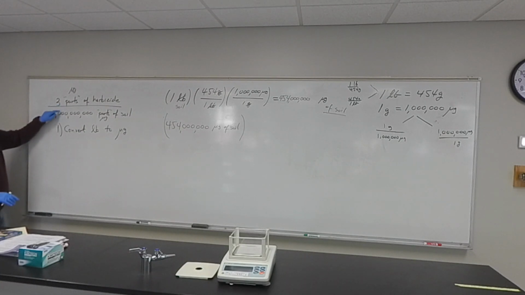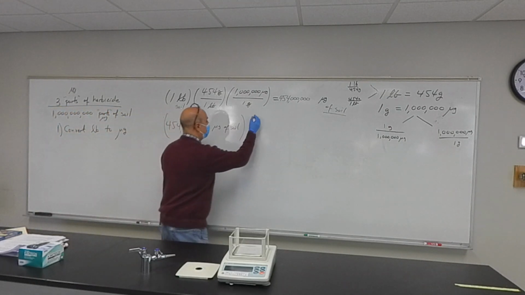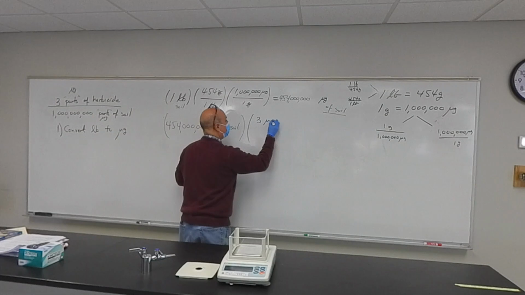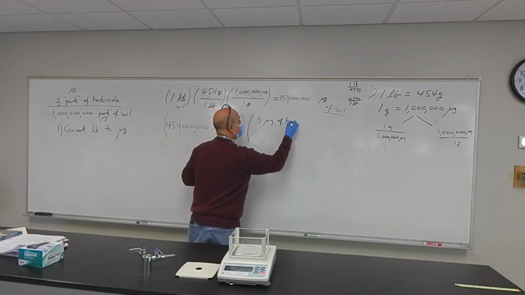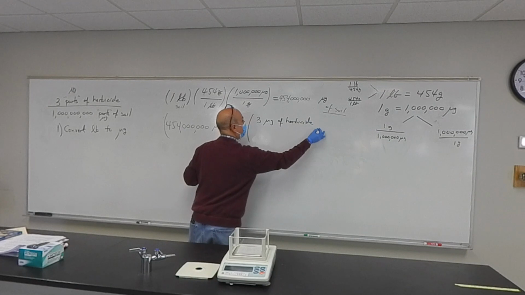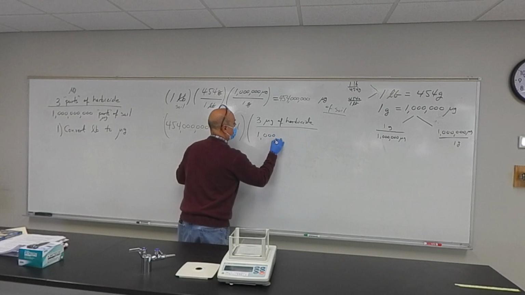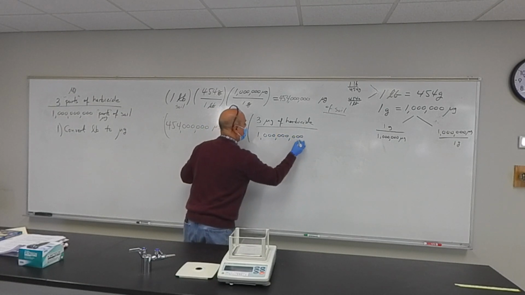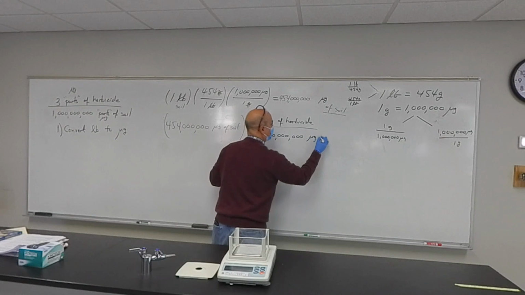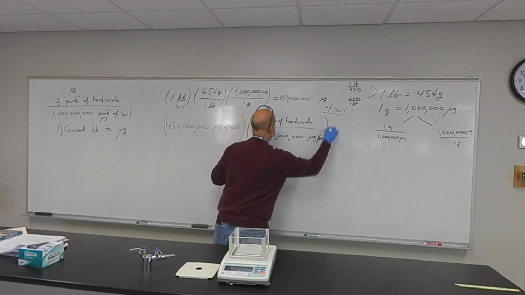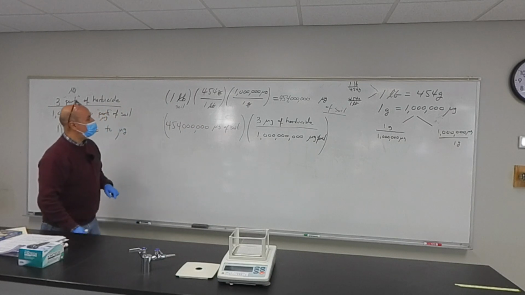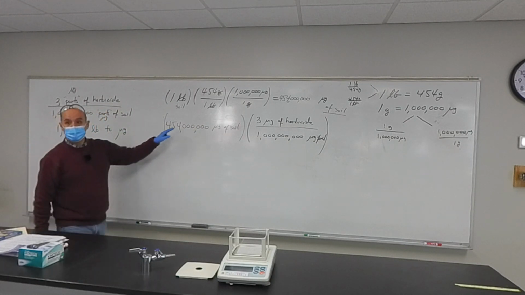So now I have that equality, and just the way it appears here, I can put it right in here. 3 micrograms of herbicide is what is found in every 1 billion micrograms of soil. But we don't have 1 billion micrograms of soil. We only have 454 million. So we need to do that conversion.